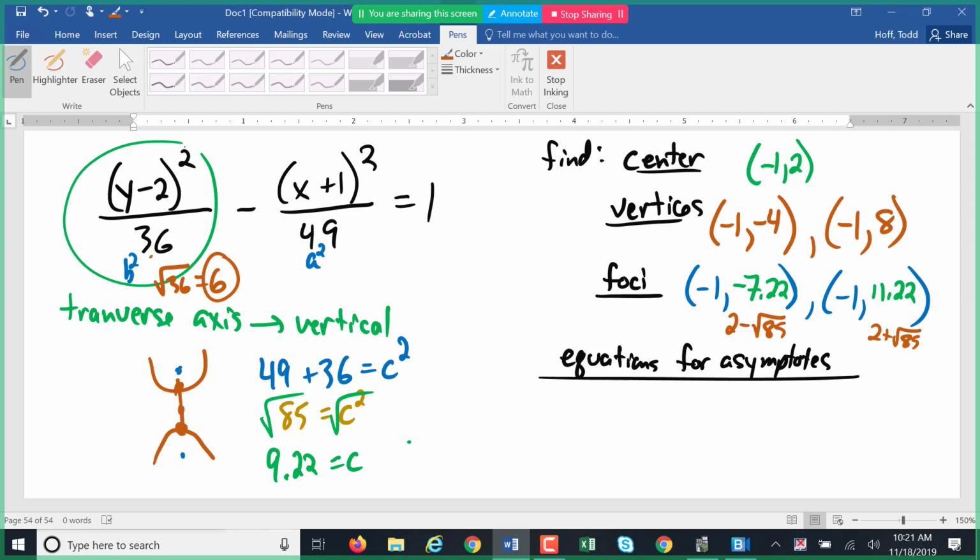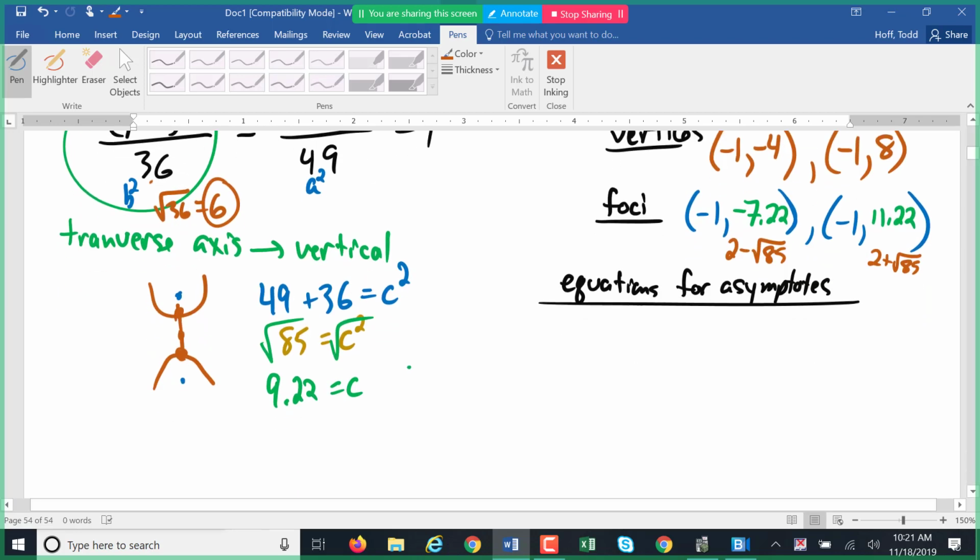The equations of the asymptotes. Well, b is 6, a is 7. So the slope, one is going to be 6/7, the other one's going to be a negative 6/7. And it goes through that center of (-1, 2).